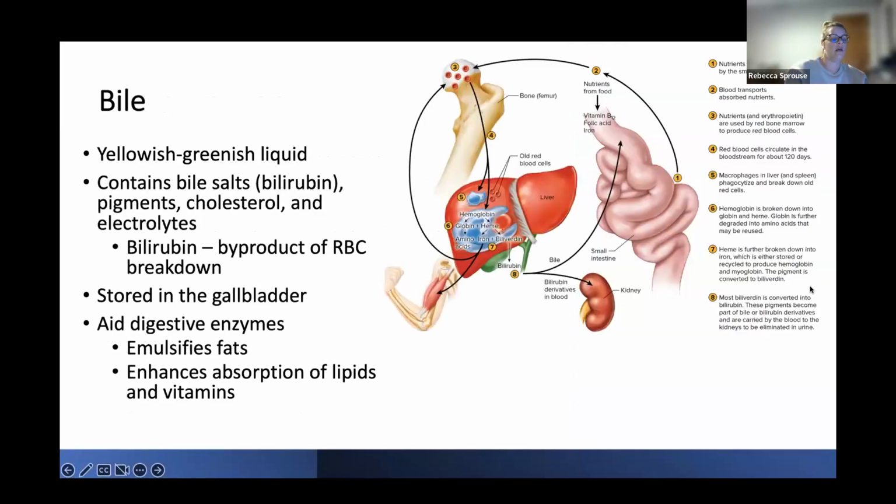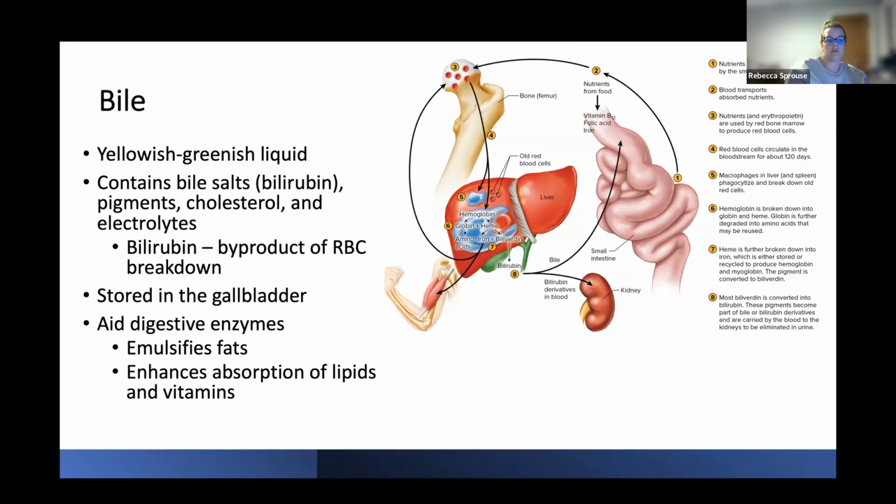So what is bile? Bile is a yellowish greenish liquid, and basically what happens, don't forget that, I'm trying to go through these steps here, skipping ahead. Don't forget what happens to red blood cells when they are old. And this comes from the blood lecture.